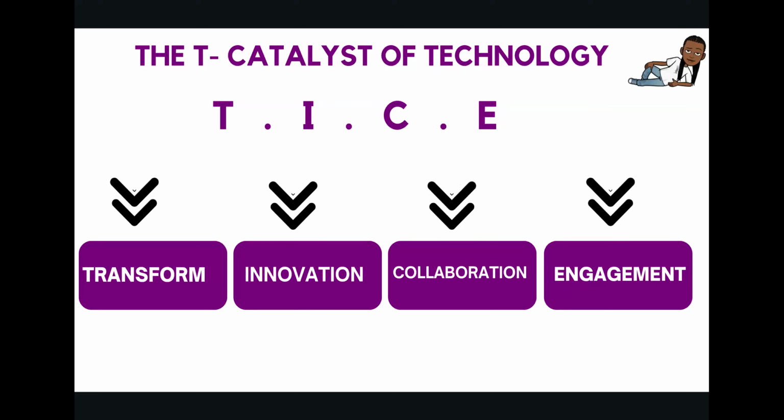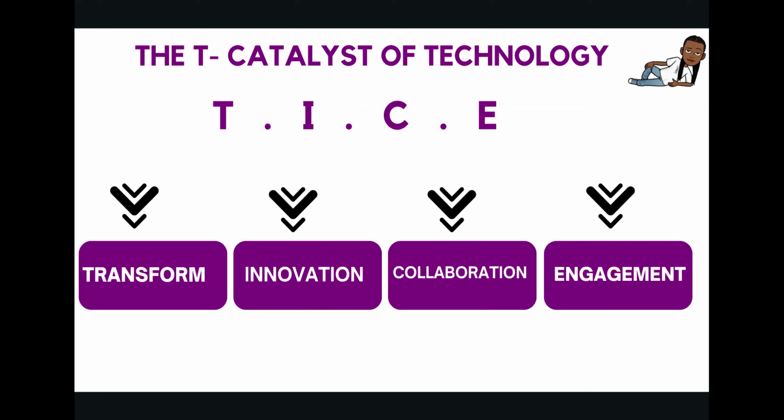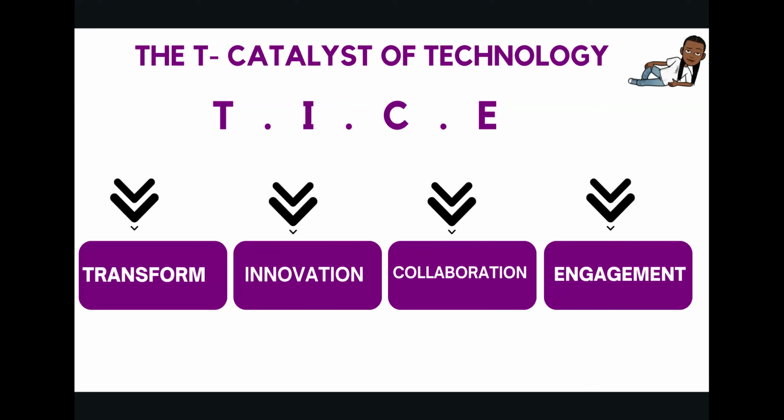That's the way it has been wired to do. Thirdly, it builds collaboration. People are always saying that tech is making people more independent. No, it also helps to promote collaborative learning, which is a very good form of learning, because you're learning from each other, and from a bigger circle. Then it also builds engagement in the classroom. So these are the catalysts for technology.